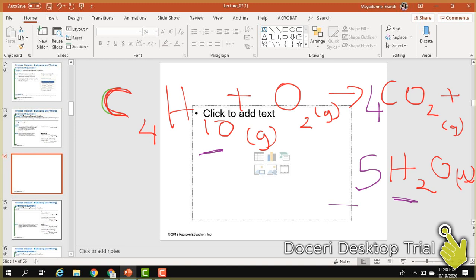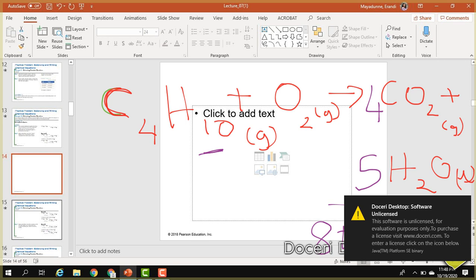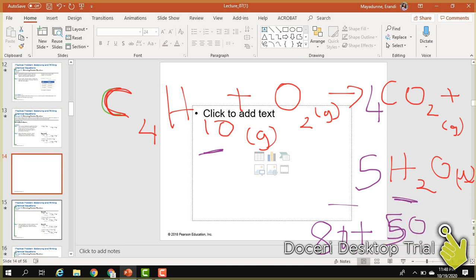Then I look at oxygen. On this side, 5 oxygen plus 8, I have 13 oxygen. 13 is not even, but I already have 2, so I put 13 oxygen, but now it makes 26 oxygen.